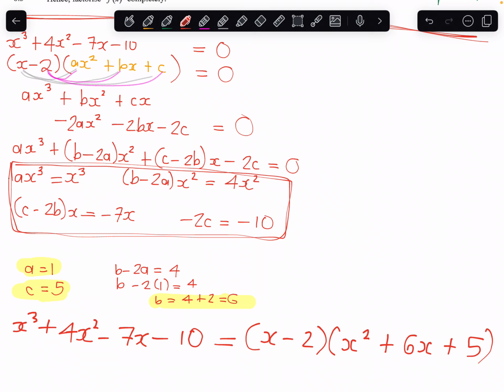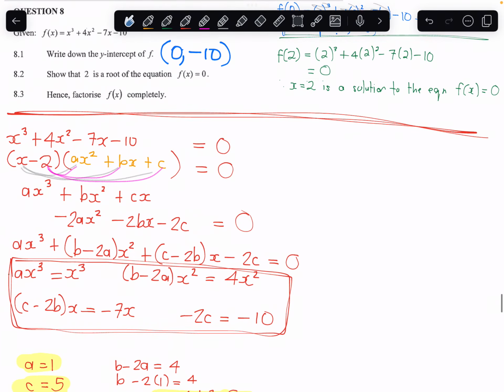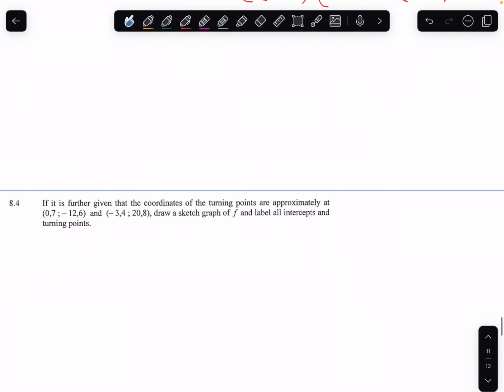Because we found what the coefficients for the quadratic factor are. So now we need to figure out, can we factorize that quadratic expression? And indeed we can. It's a nice straightforward one. x plus 5 times x plus 1. And so just like that, we have managed to factorize our cubic expression. And that's what they asked for here, hence factorize it completely.